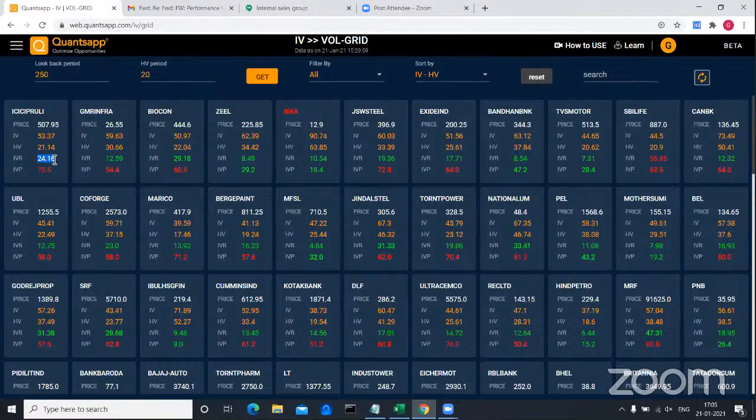If I want to rank it, I would use a simple formula: the current volatility, that is 45, minus the previous lower level volatility, that is 30, divided by the previous range, that is 60 minus 30. It gives me 50%.